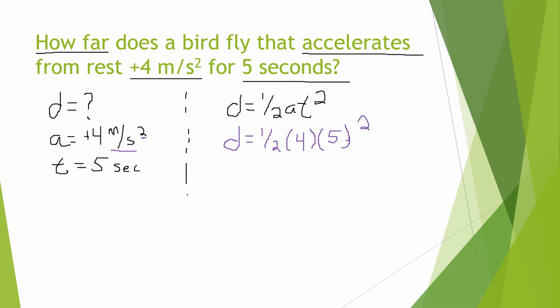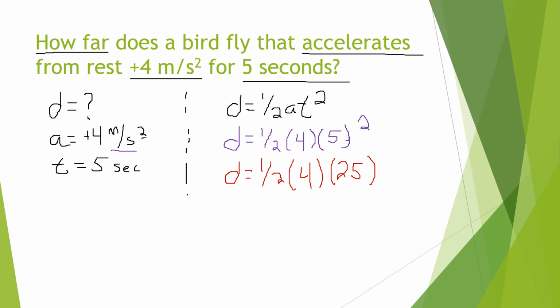You must remember order of operations. Please do not multiply 4 times 5 and then take the square of 20. That would be wrong. You have to do order of operations. So order of operations says we're going to do exponents first. 1/2 times 4 times 25. 5 squared is 25. Awesome.